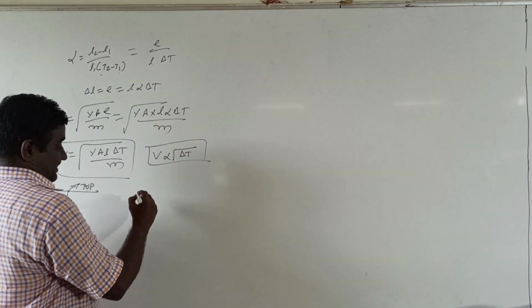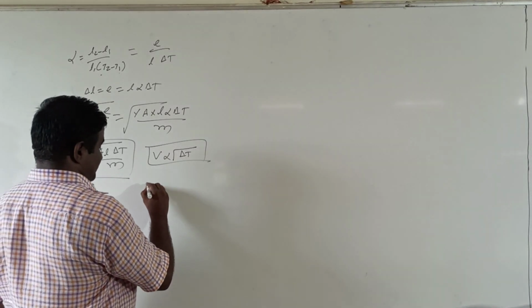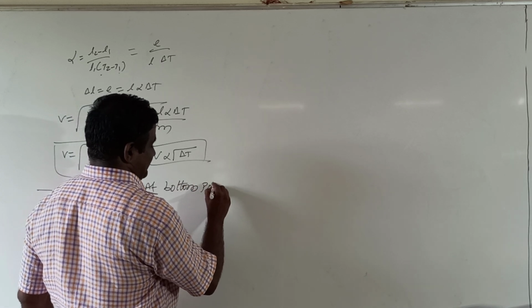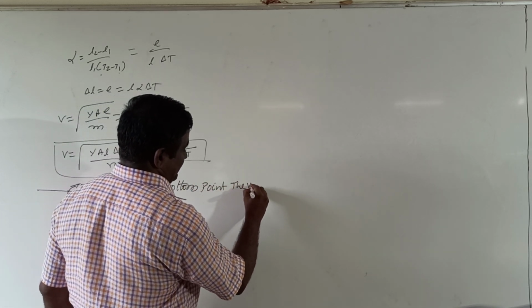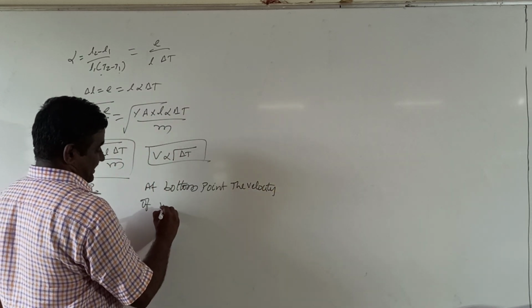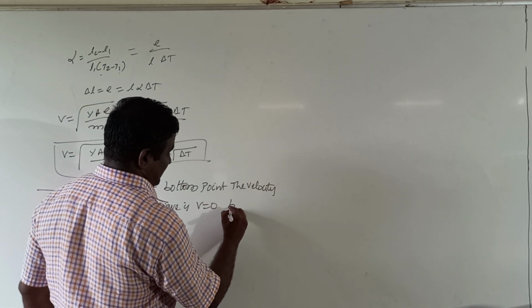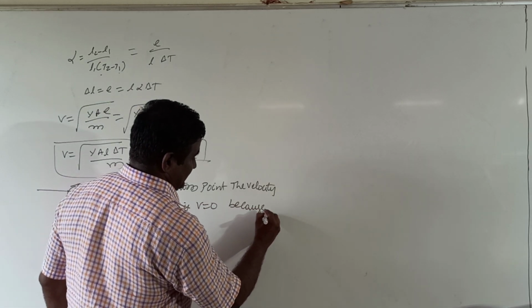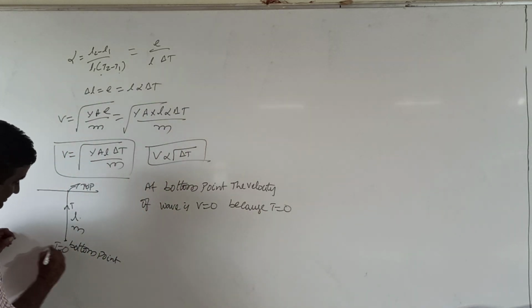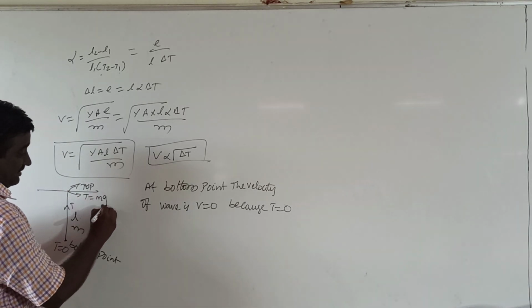At the bottom point, the velocity of the transverse wave is V equals 0, because the tension T equals 0 at the bottom point. At the top point, the tension in the string is T equal to mg.